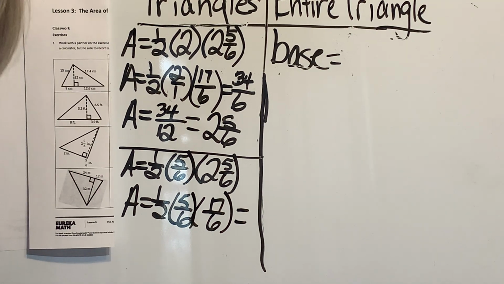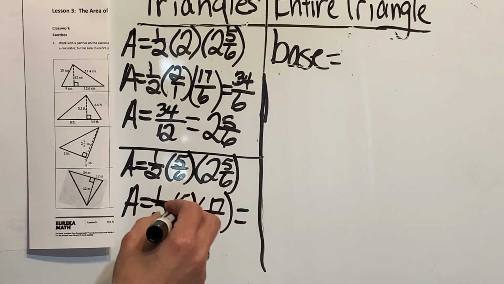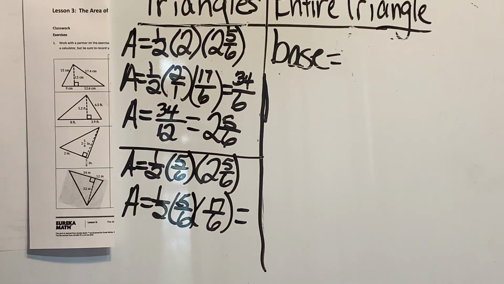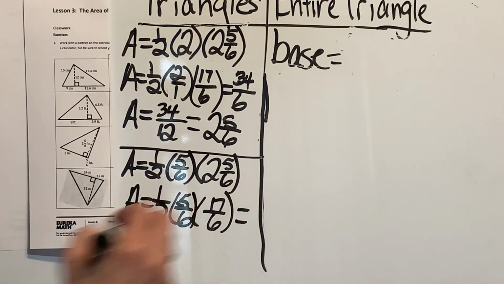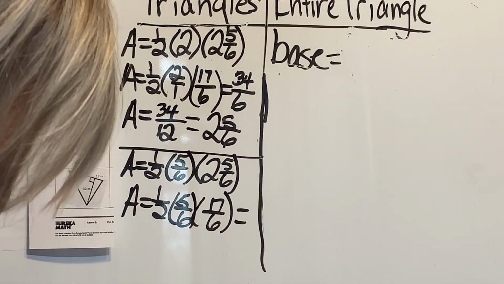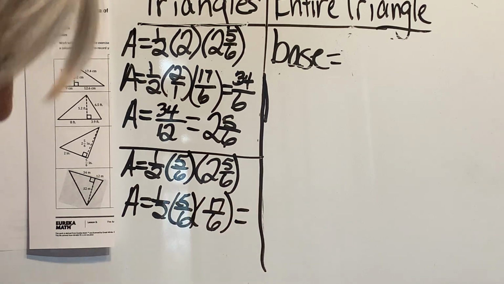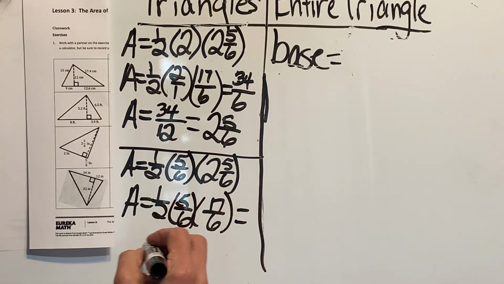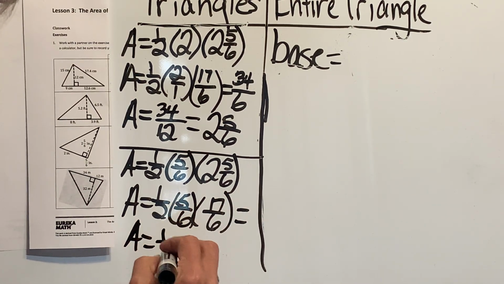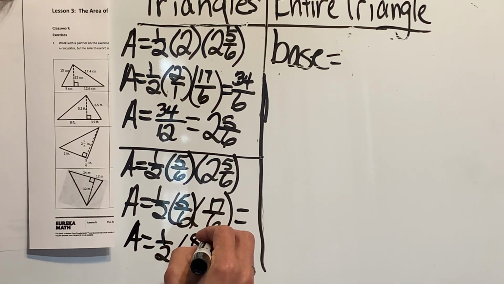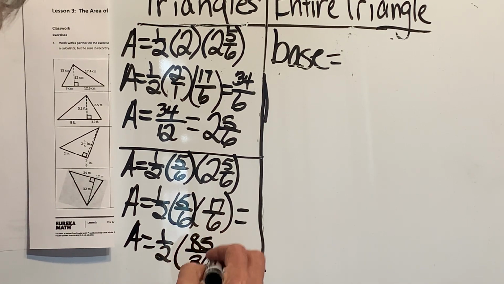So when we multiply that out, we've got 17 times 5. That would be 85 over 36. So that would be area equals half 85/36.